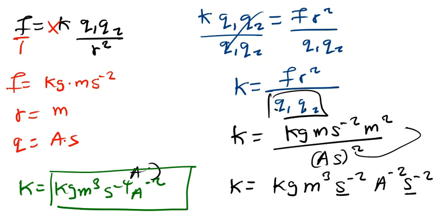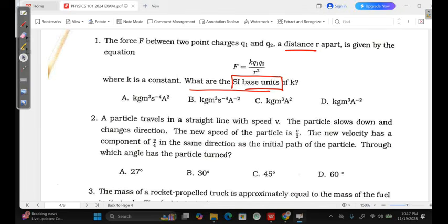Who is behind? So if we go here, which one do you think is our answer? A, B, C, D. Guys, which one is our answer? Are you telling me it's A?